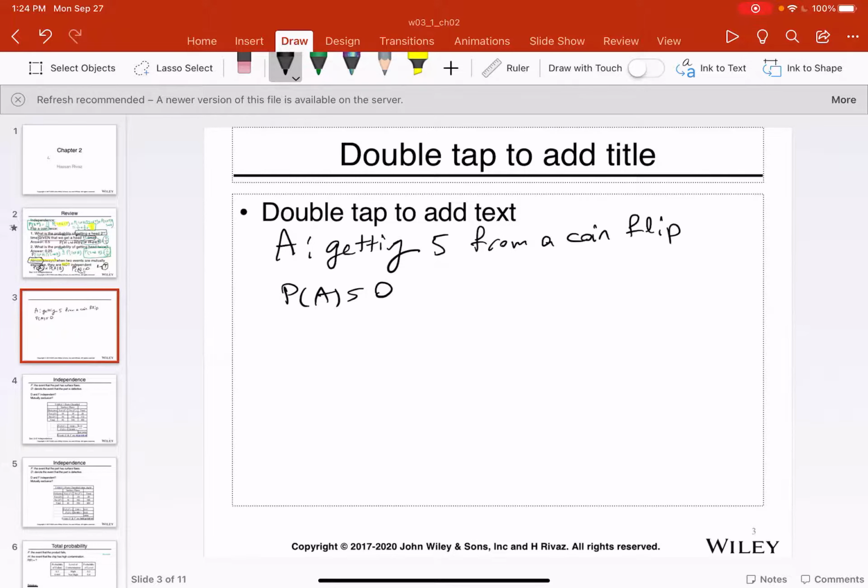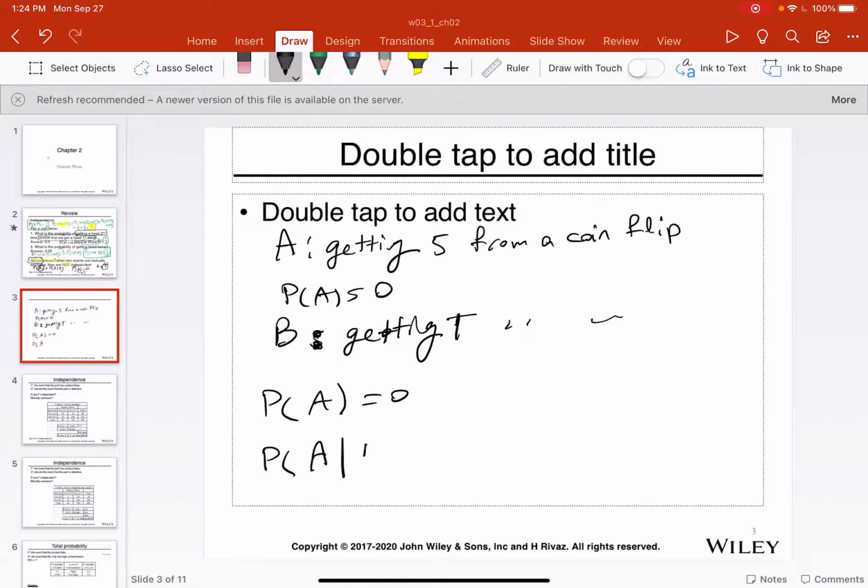And event B is getting, let's say, tail from a coin flip. So probability of A is 0. Probability of A given B, right?